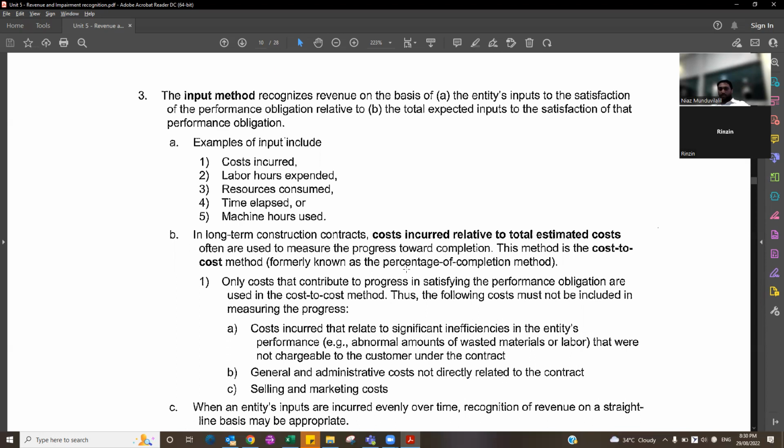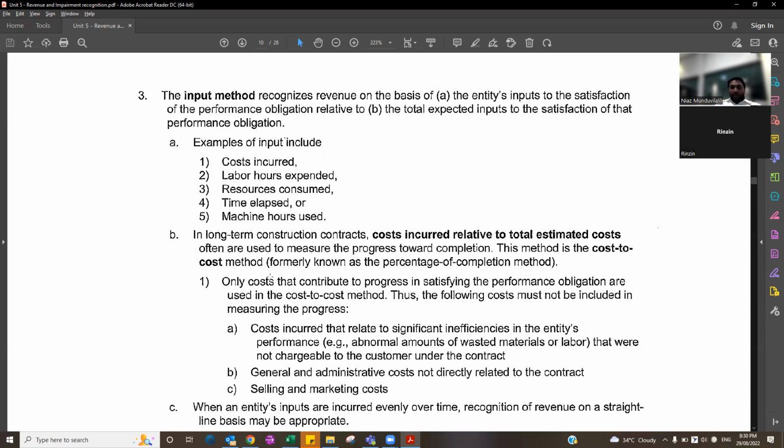And the long-term construction contract cost incurred relating to the total estimated cost often are used to measure the progress towards completion. This method is the cost-to-cost method, formerly known as percentage of completion method. You might have heard this percentage of completion method. No? A little bit somewhere. Okay.